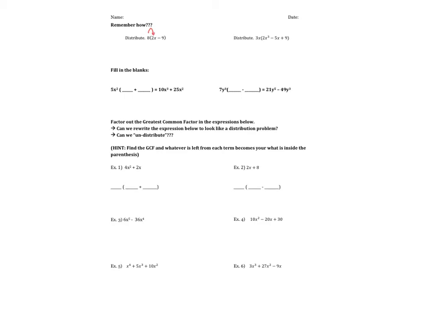So 8 times 2x is 16x, and 8 times negative 9 is negative 72. Same thing here. 3x times 2x cubed is 6x to the 4th. Remember, you need to add your exponents. Then we have 3x times negative 5x, which gives me negative 15x squared.